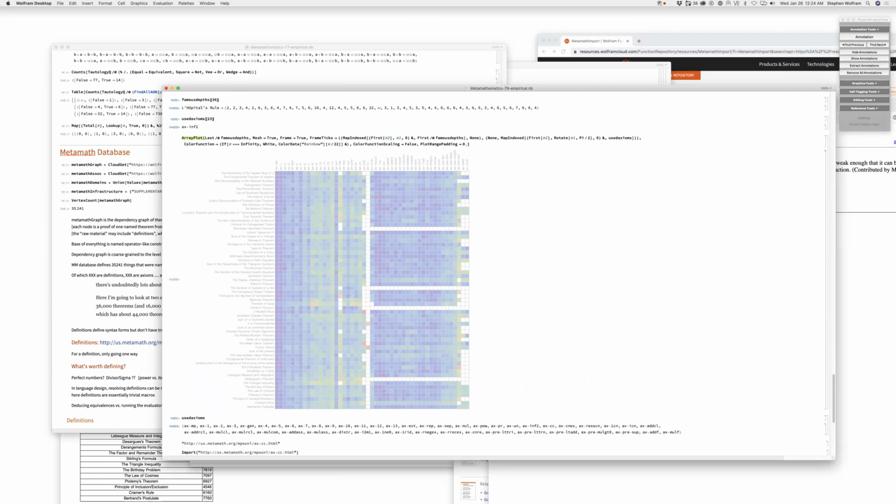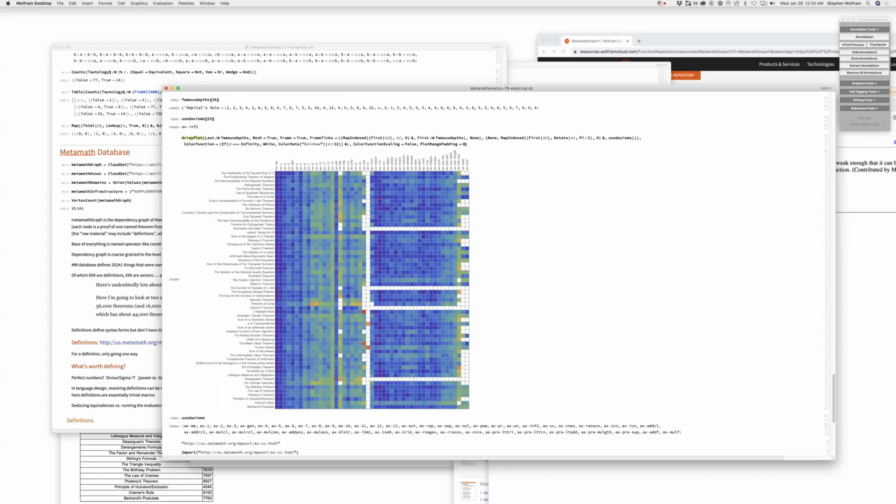Let's see. What is it? Chart. There's a way of making that legend. There's an easy way to do that. Well, here, let's just do the following. I thought it was just bar legend automatic, but that might not work for a grid. Let's do this.